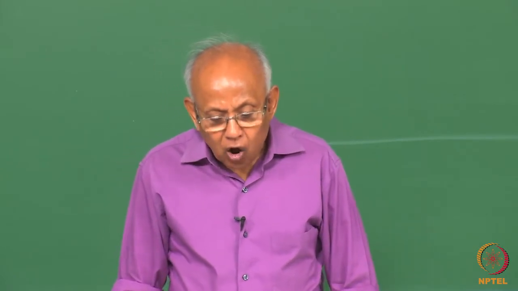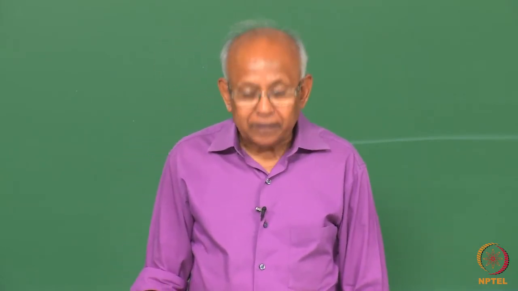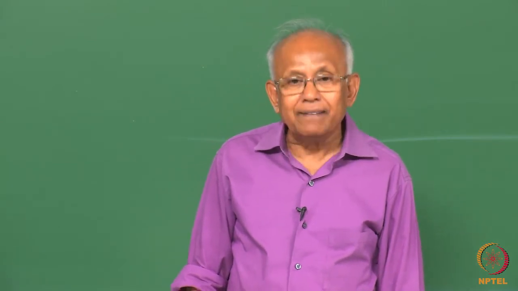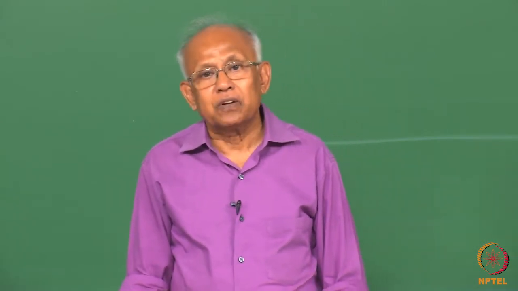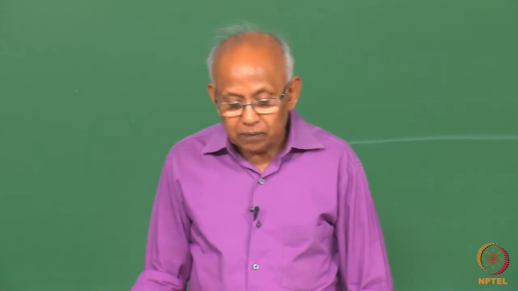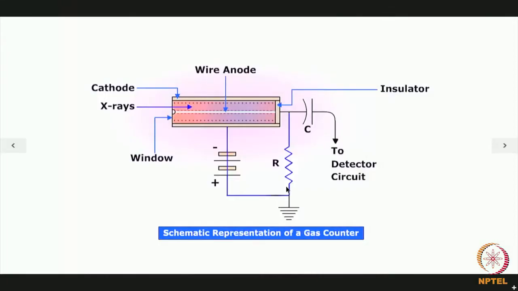In a normal gas counter, where the voltage is of the order of 200 volts, it produces a current in the outside resistor R of the order of 10 to the power minus 12 ampere or even less.